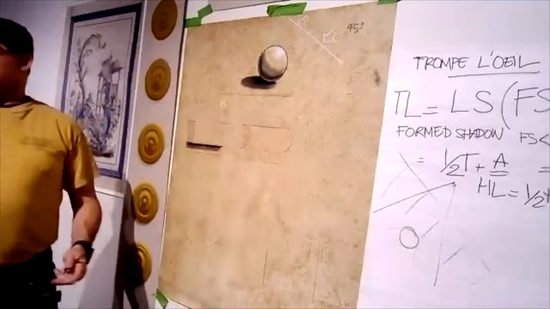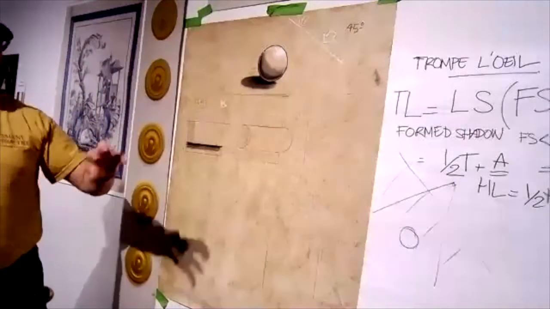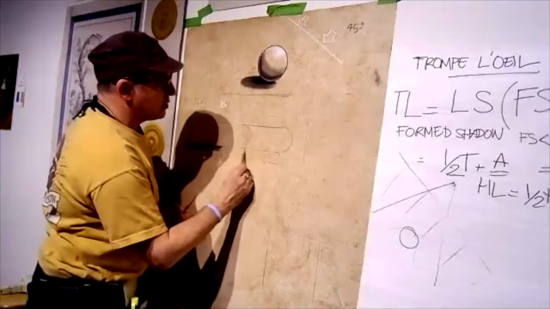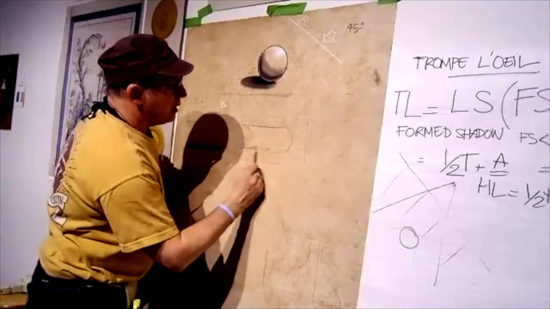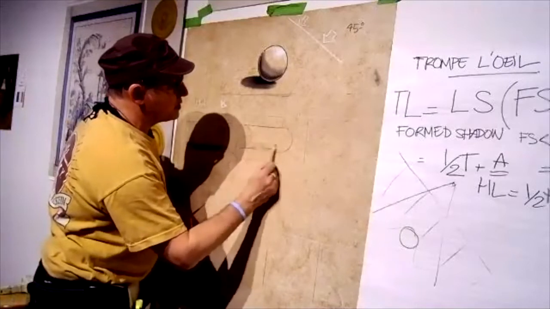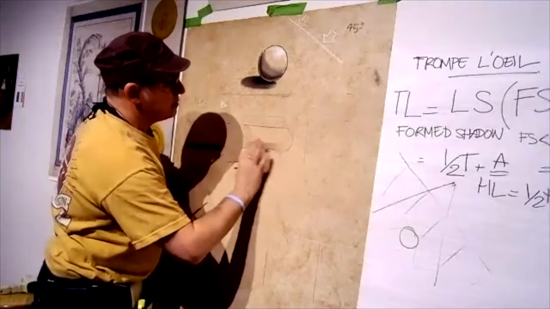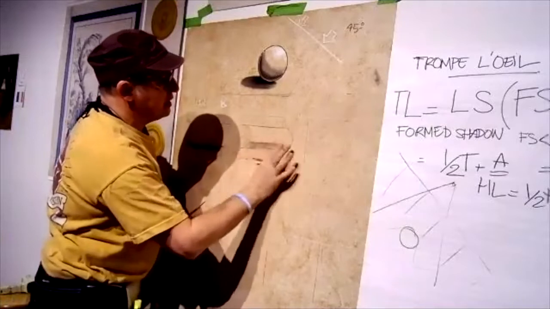That's what some of you call mid-tone, but I won't call it that, the base color. So you want to make sure your form shadow, your halftone, does not exceed that midway point. So you stay a little bit underneath.